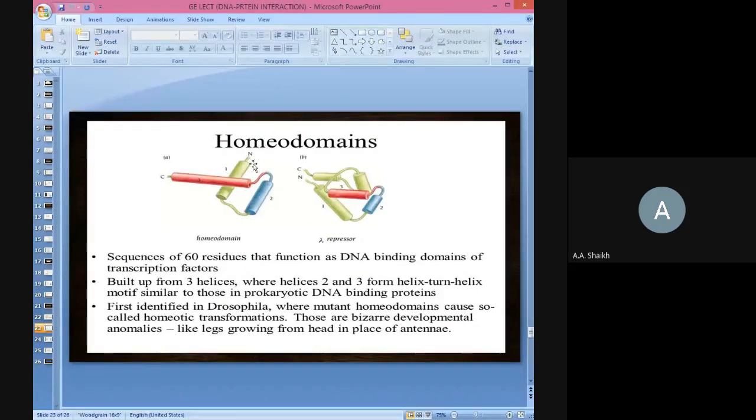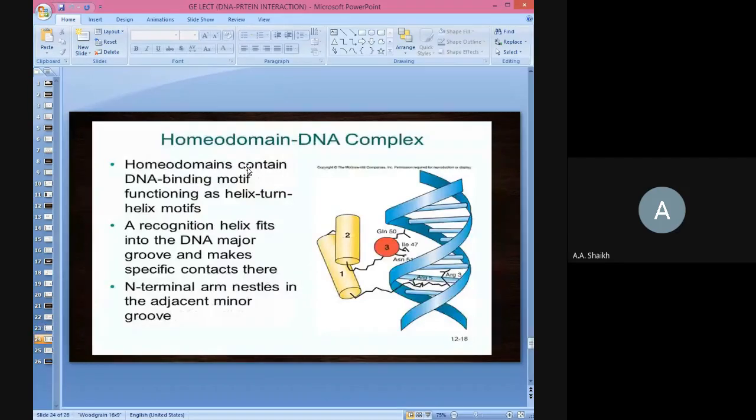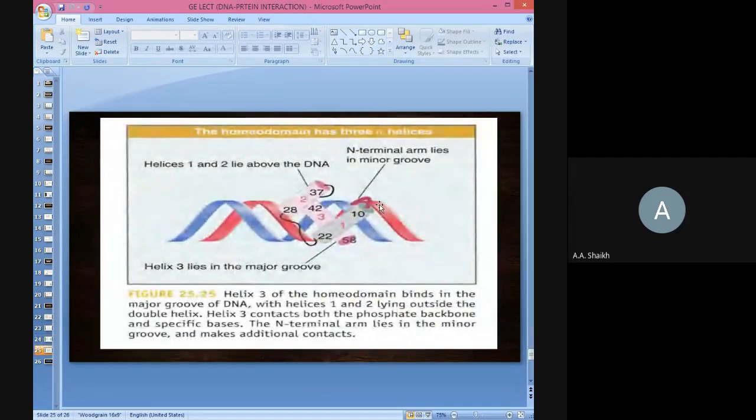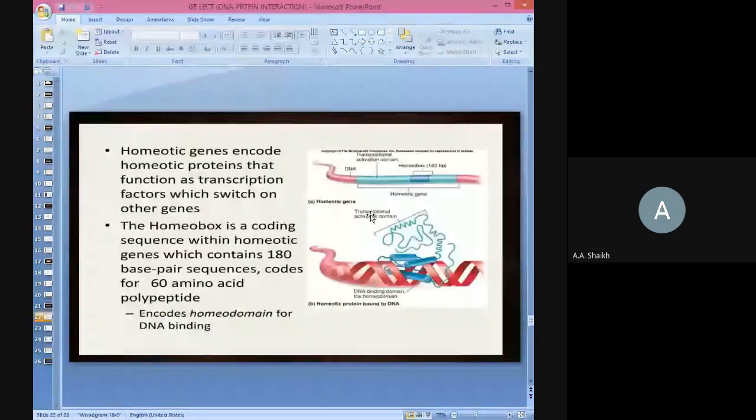Here the N-terminal is present, and this N-terminal region interacts with the minor groove of the DNA. So this is how the complete homeodomain is packaged and interacts with a DNA sequence, and how its structure is placed.